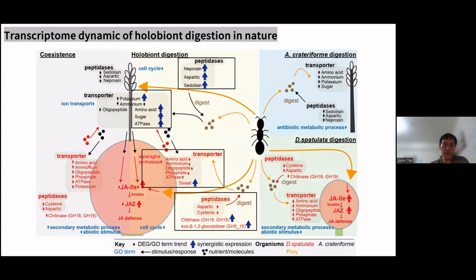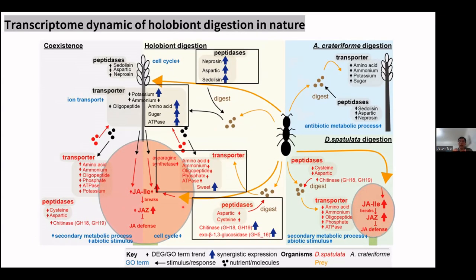And finally, in the middle, in the holobiont digestion phase, both organisms coordinate to break down prey efficiently, with Drosera enhancing even more diverse transporter activities and asparagine synthetase, while Aquodontium contributes many more peptidases like cathepsin and aspartic enzymes to further break down the temporarily nutrient-rich environment.